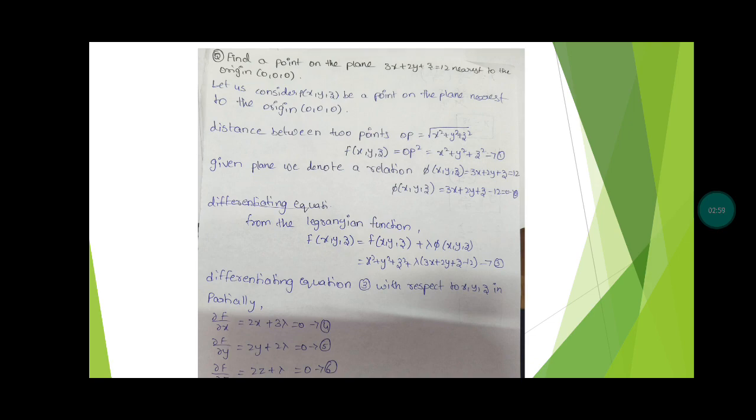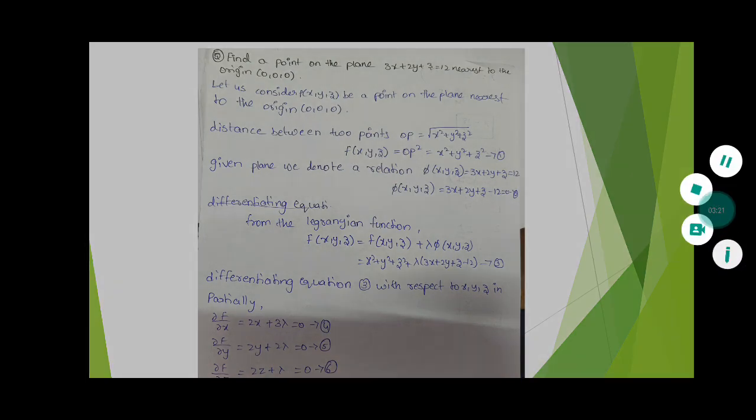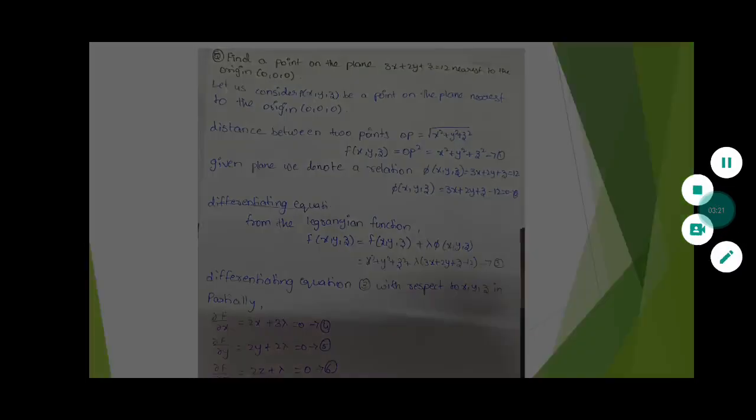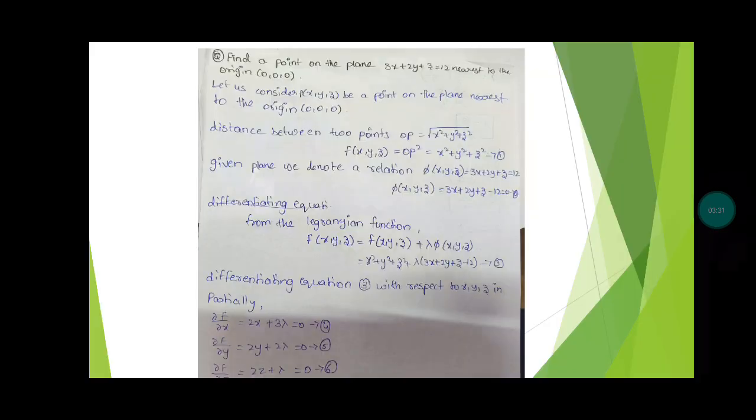From the Lagrangian function, f(x, y, z) = f(x, y, z) + lambda times phi(x, y, z). So here we have both values. From 1 and 2, we can write it as x square plus y square plus z square plus lambda times (3x + 2y + z - 12) = 0. Let us consider it as equation number 3.